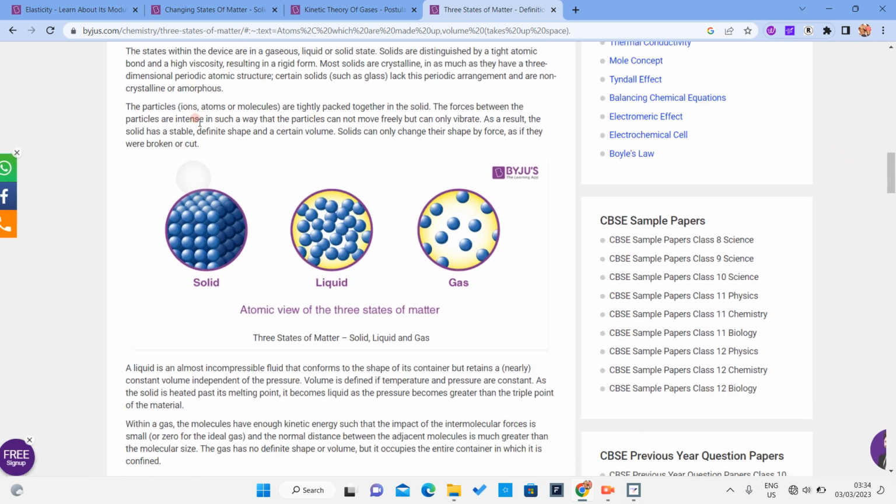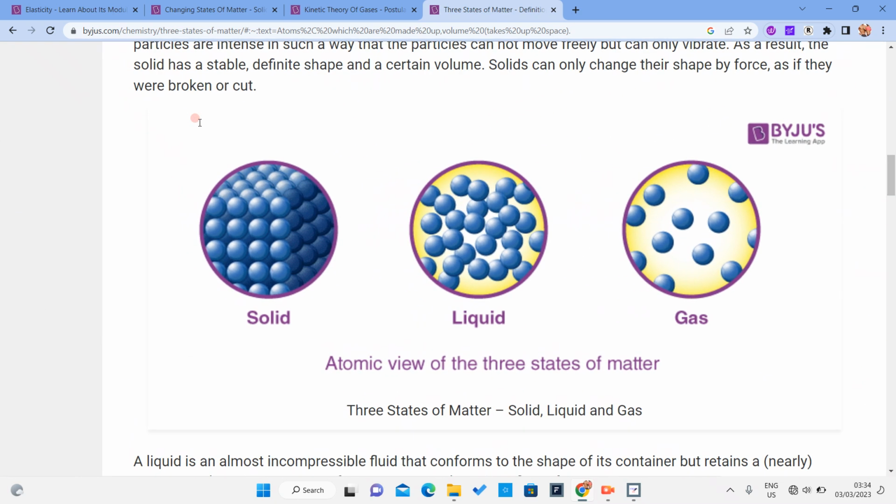So now, looking at this diagram, you have your solid, you have your liquid, you have your gas. What can you observe about these three states? The first is that for the solid, they are tightly packed. For liquid, they are less tightly packed. And for the gases, they are not tightly packed.